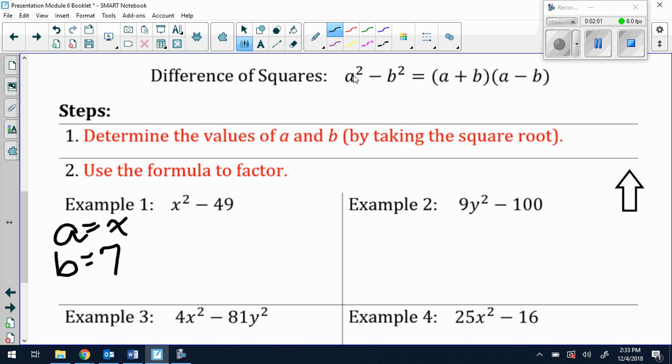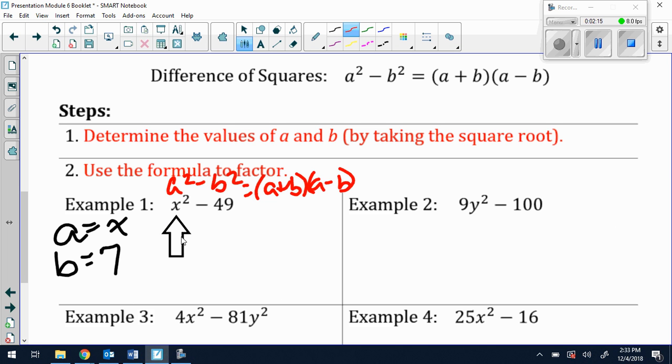Now here's what my formula tells me. It tells me a squared minus b squared equals a plus b times a minus b. So this part here is my a squared minus b squared. I'm going to use this and this to factor without showing any work. So in place of a, I'm going to put x.